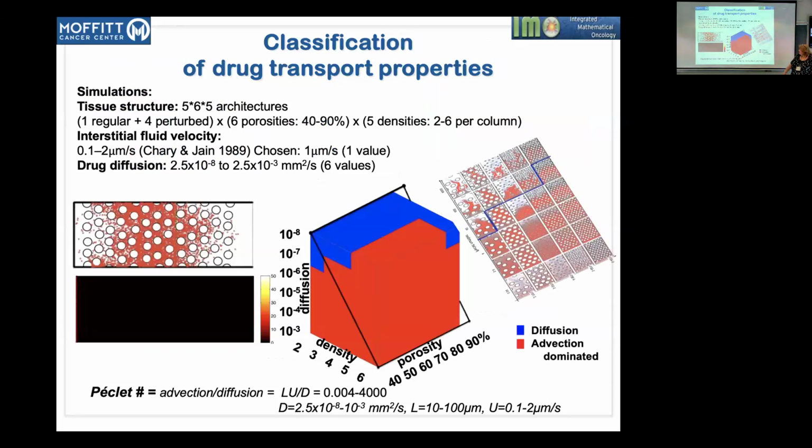So with that, we decided to test different properties. We have one regular and four perturbed tissues, where we just tweak the cell locations a little. We use 6 porosity values from 40 to 90%, and 5 densities from 2 to 6 cells per column. The velocity of the fluid was fixed, and then we consider different diffusivities, and those correspond biologically to small molecules and then antibodies.